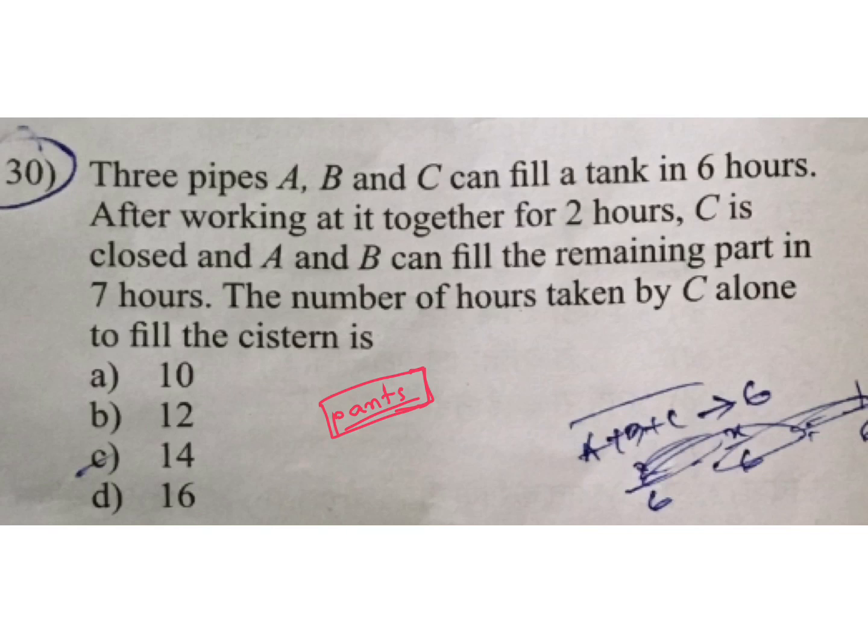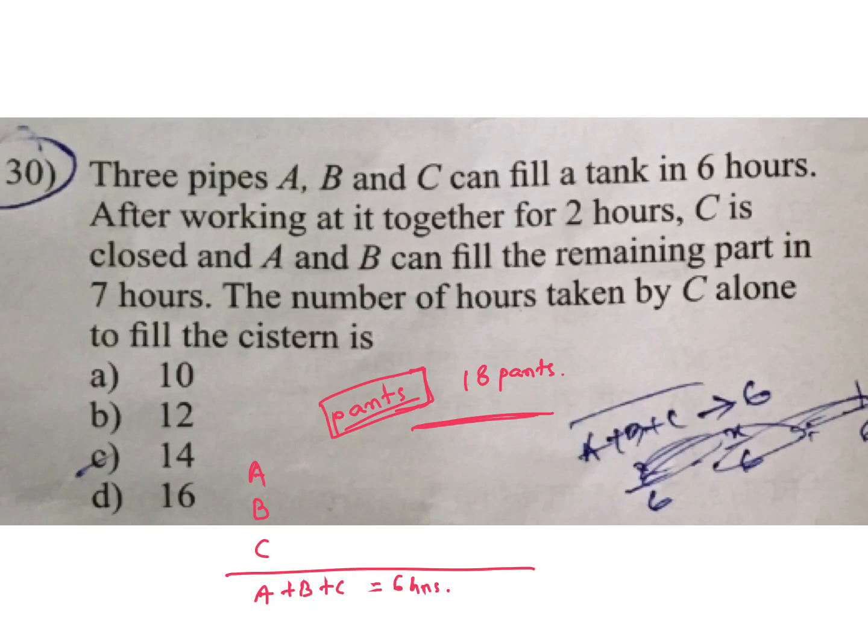A, B, C. Total A plus B plus C in 1 hour. Total is 6 hours. So take the LCM. Let total is 18 parts. So A plus B plus C in 1 hour they will complete 3 parts.